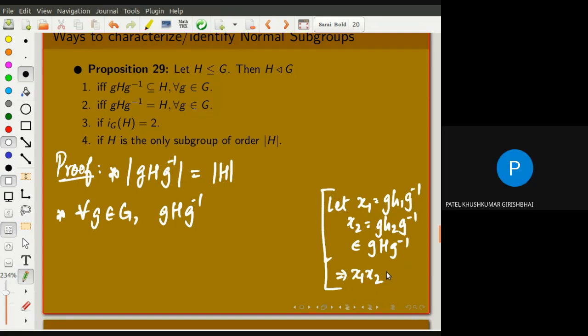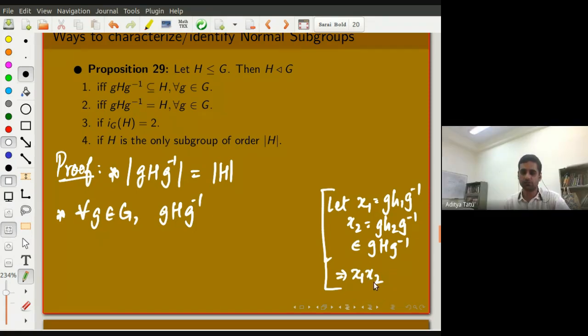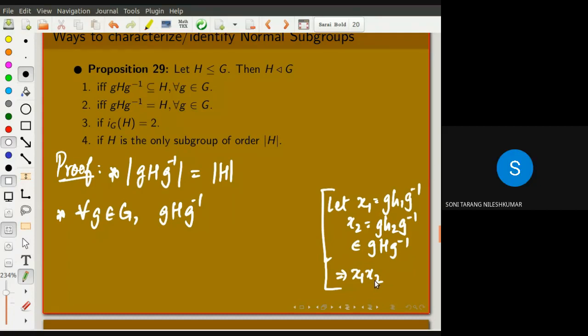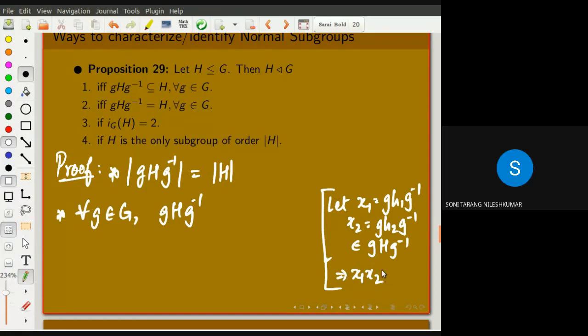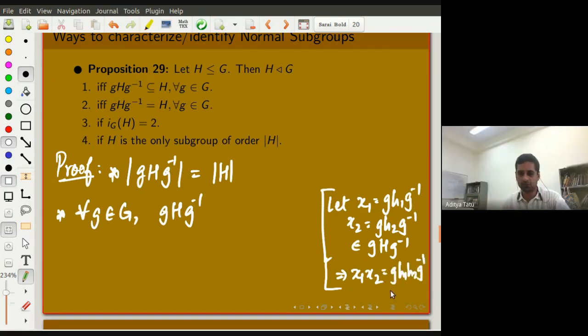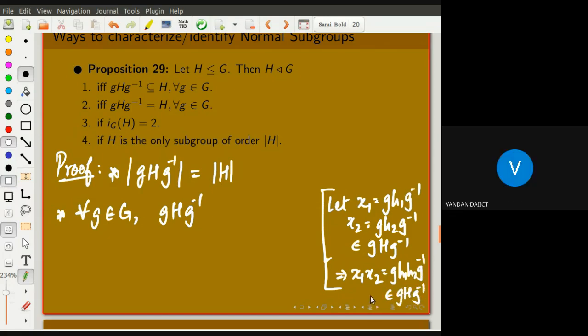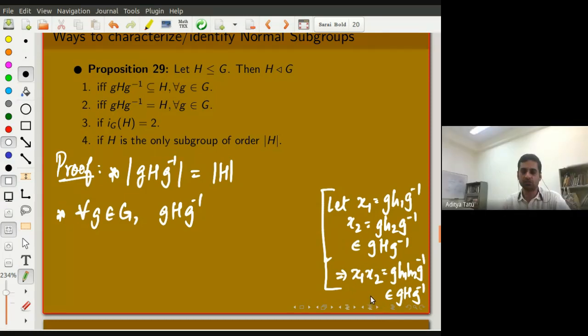It is g h3 g inverse, or g h1 h2 g inverse. So this also is in gHg inverse. Yes, sir. So in other words, gHg inverse is closed.